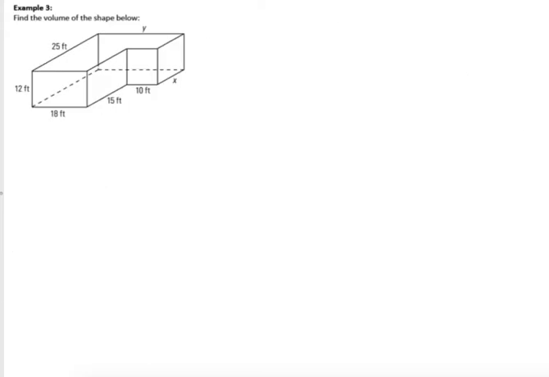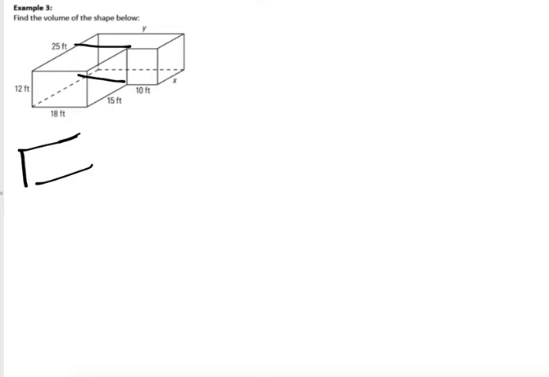Example number 3. Now I have this weird composite shape, so I have to split it up into multiple different shapes. I'm going to take the easy way and split it right about here and here. So I have 2 rectangular prisms that I'm dealing with.